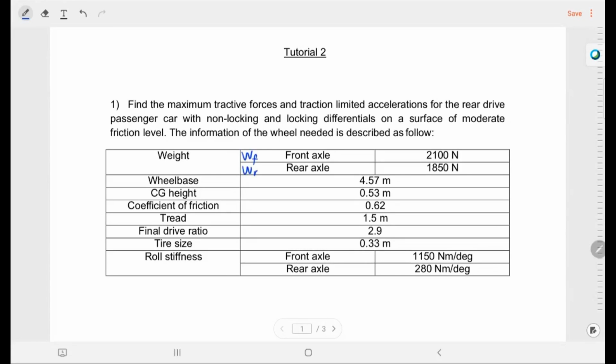Nampak kan saya contoh ni kan? Nampak. Okey. Wheelbase nampak.